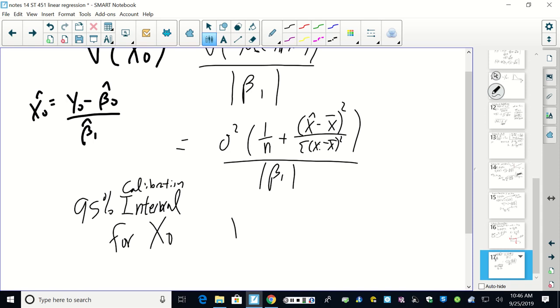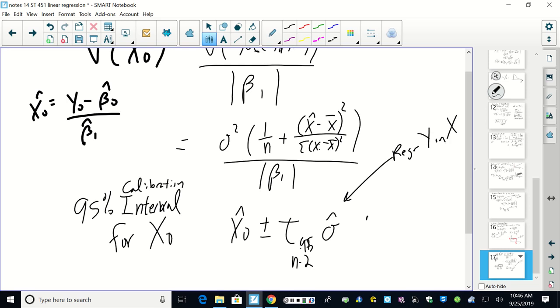So it's going to be x of 0 hat plus or minus the t value, point 975, n minus 2, times the sigma hat from R, the regression of y on x, times the square root of 1 over n plus x hat 0 minus x bar squared over the sum of the squares of the x's, all over the absolute value of beta 1 hat.